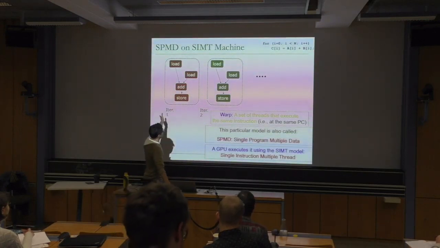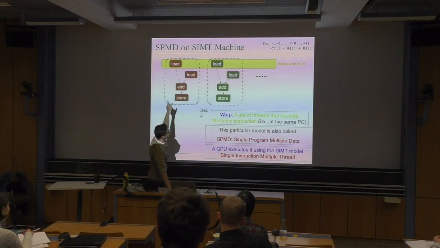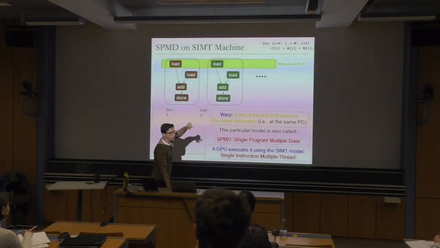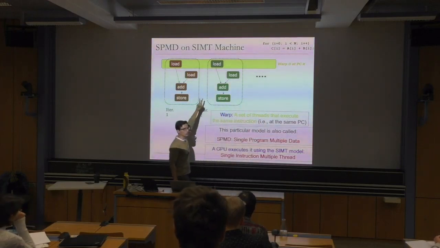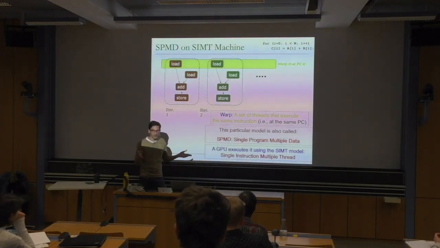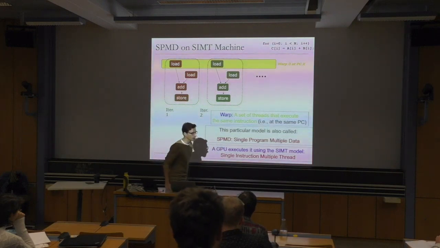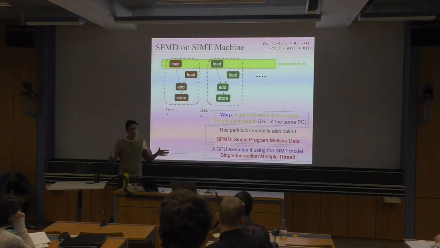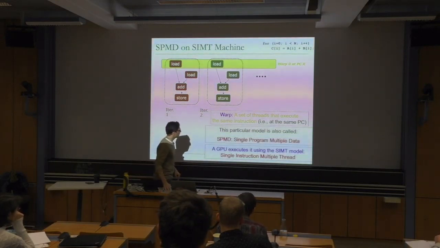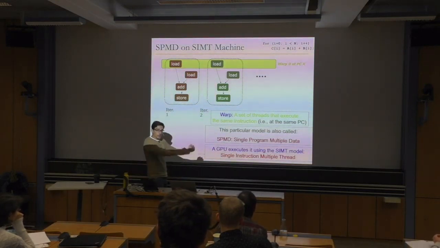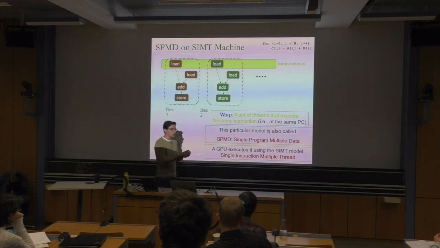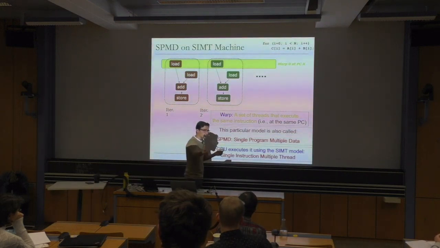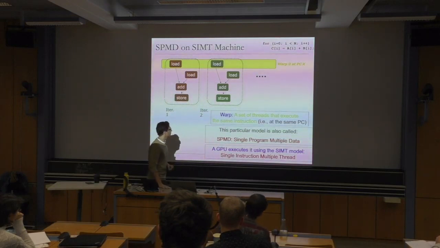So instead of having on a GPU one vector instruction for these two loads, what we have is one warp that is going to execute these two loads, or in reality 32 loads at the same time, because a warp consists of 32 threads. But in the end, the way that they execute on the hardware is exactly the same as a SIMD machine, because they share the same PC for all these threads that belong to the same warp.